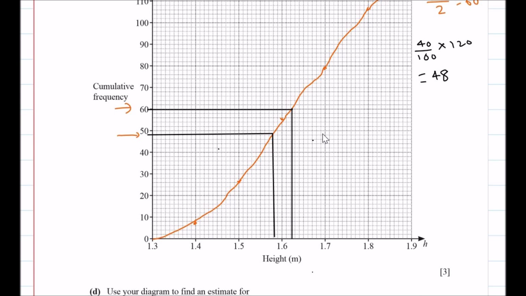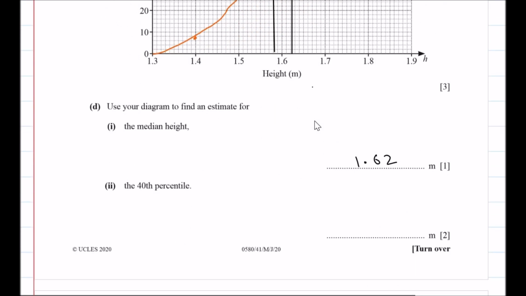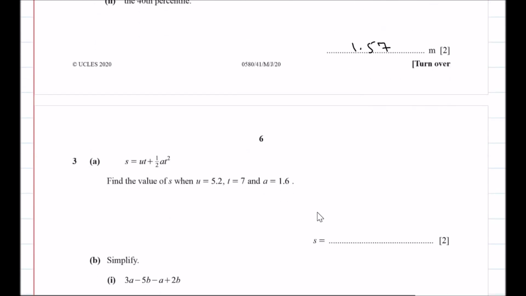Now let us see what is the value here. That is 1.57. So we will write 1.57. Okay. Let's go to the next part.